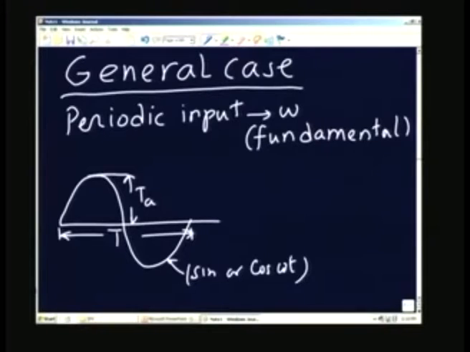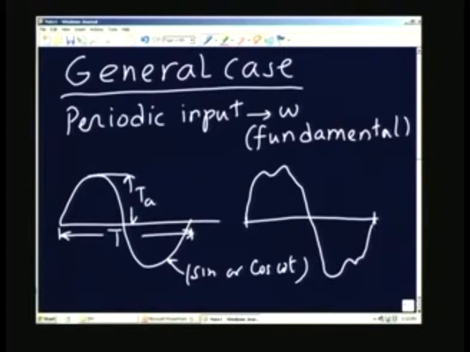Okay. Suppose instead of this, let us say I have a slightly different wave, something like this. This is again t, and this has many more small wiggles here. That means this is a composite wave.